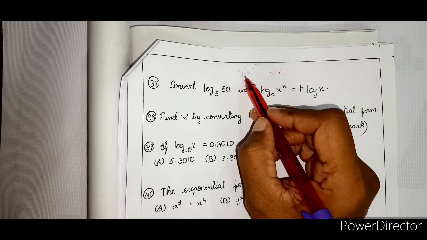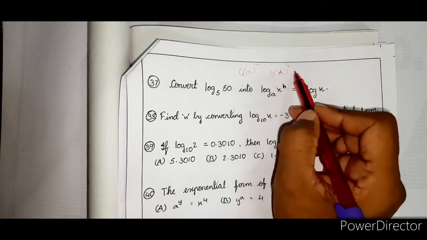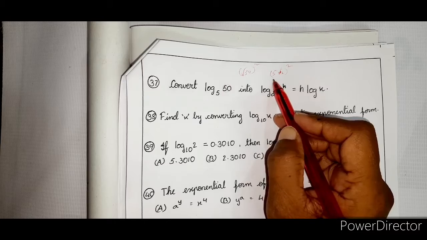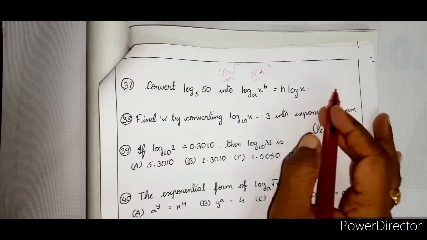Root 50 is 5 root 2, since 25 times 2 is 50. So 5 root 2 whole square. Can I write it? Yes, I can write it in either way.